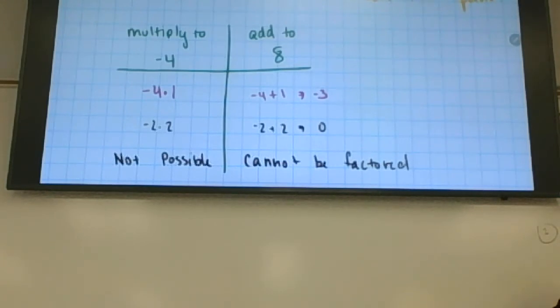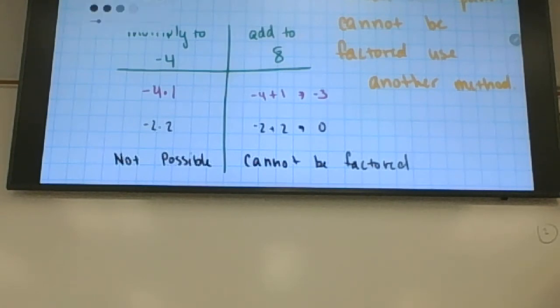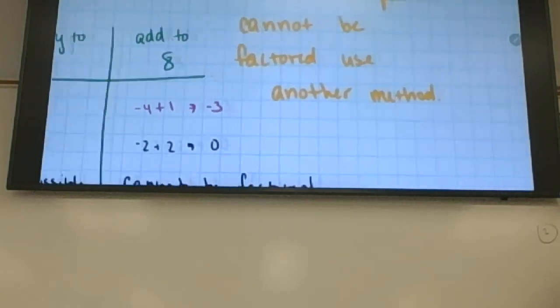When the quadratic cannot be factored, use another method. There's two other methods that you're going to learn that can solve anything.